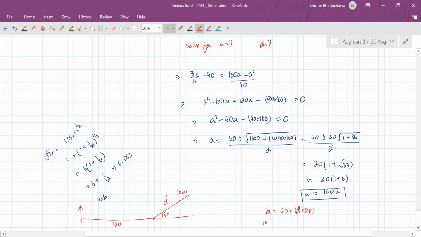So this is now very easy. Now 140 is equal to 120 plus 0.8D. So D is 20 upon 0.8. So 200 by 8. It's about 25 meters.